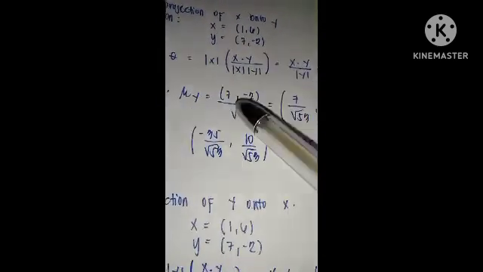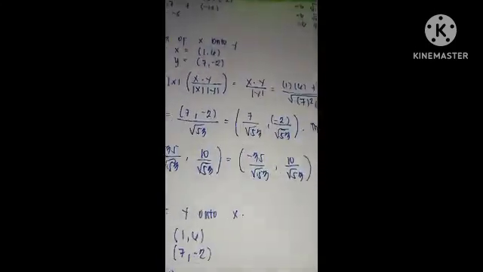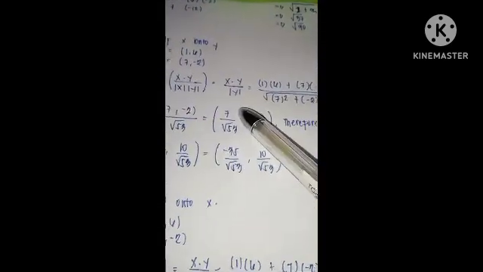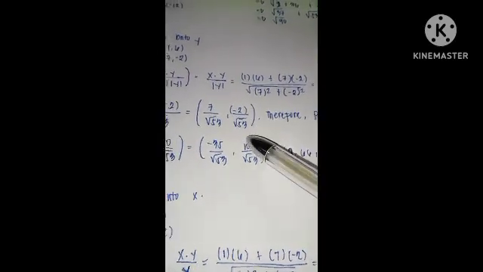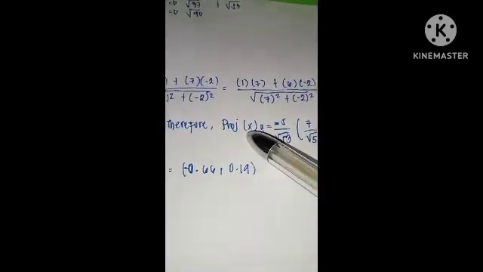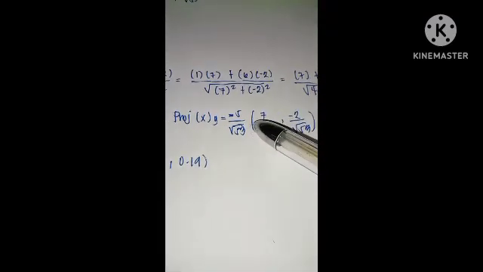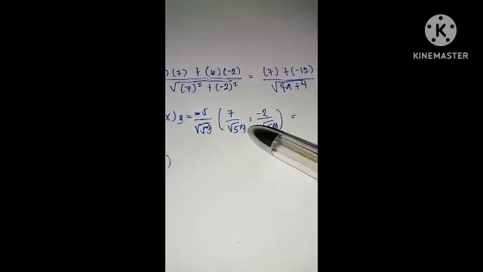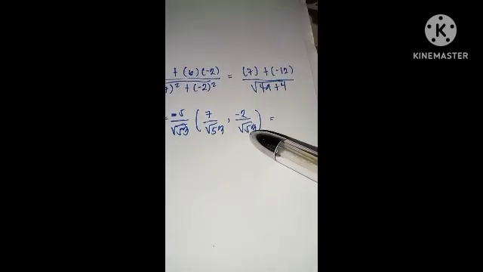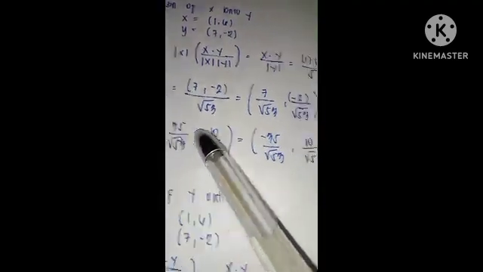So the magnitude of y equals 7 and negative 2 over square root of 53. So we separate this 7 and negative 2: 7 over square root of 53 and negative 2 over square root of 53. So therefore, the projection of x onto y is equal to negative 5 over square root of 53 times 7 over square root of 53, negative 2 over square root of 53. So negative 5 times 7 is equal to negative 35.